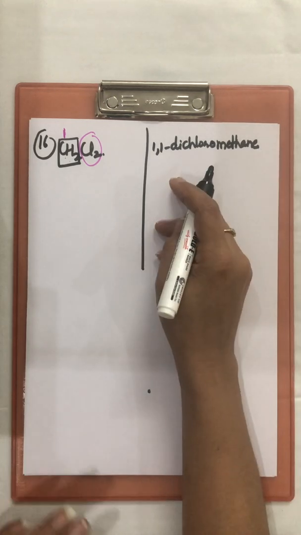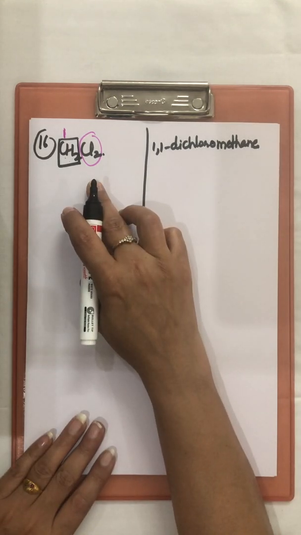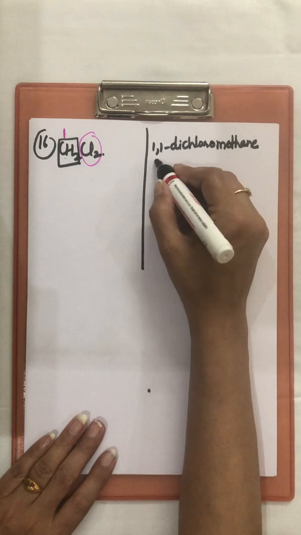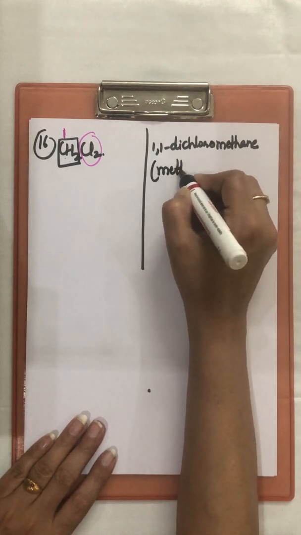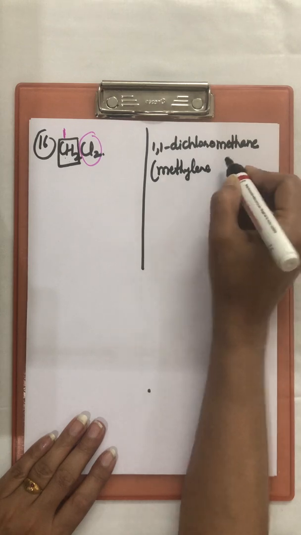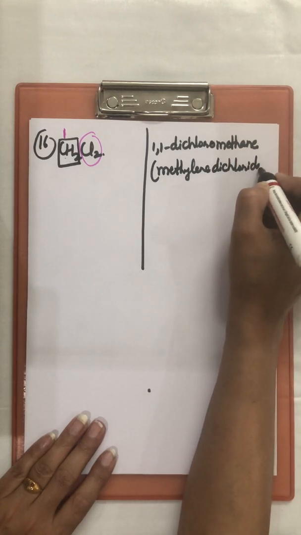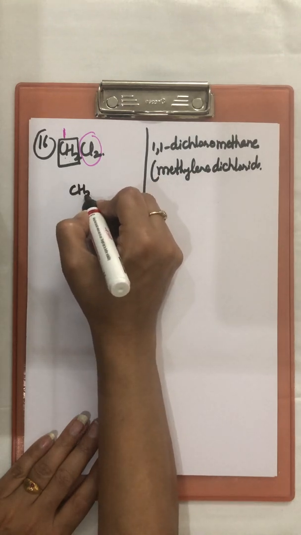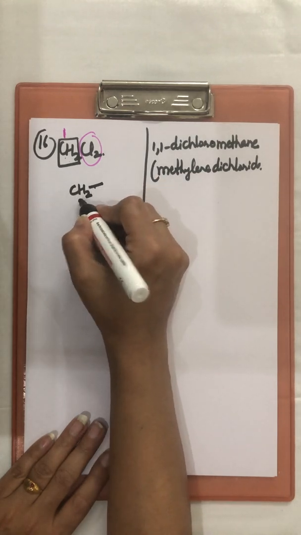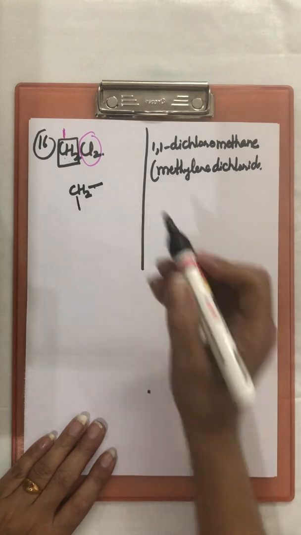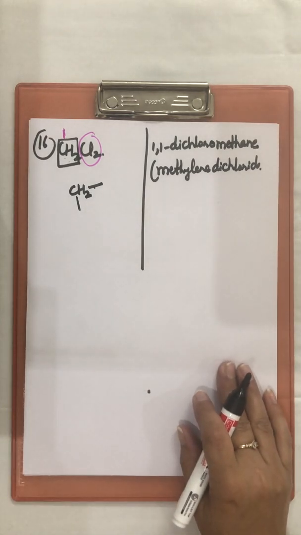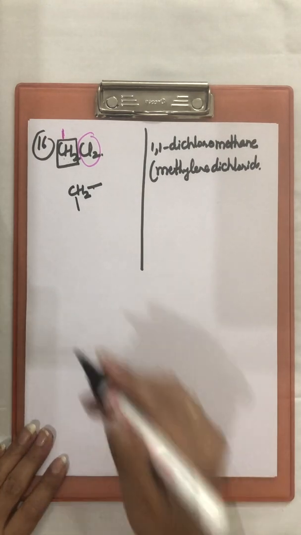This is the IUPAC nomenclature of this compound. Now, the common name of this compound is methylene dichloride. This group is called the methylene group. So this is methylene dichloride.